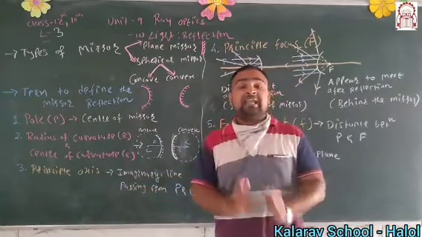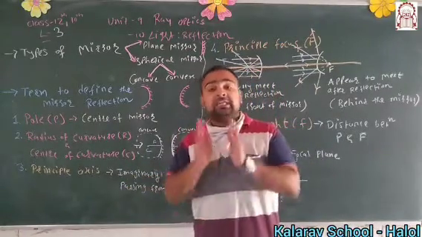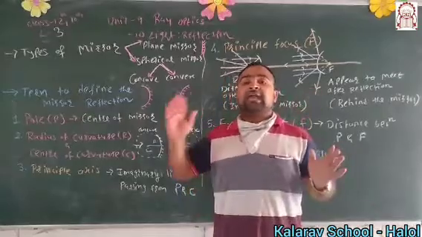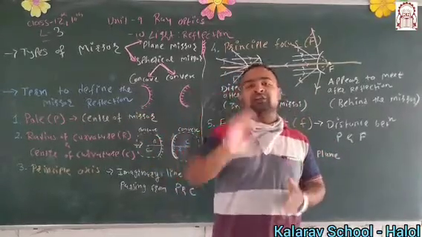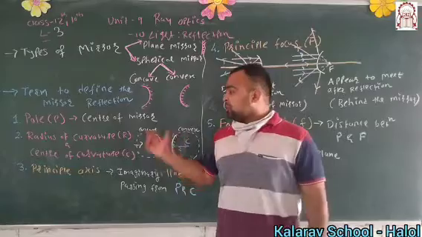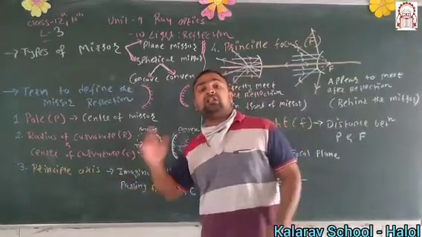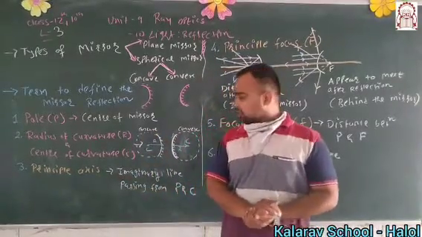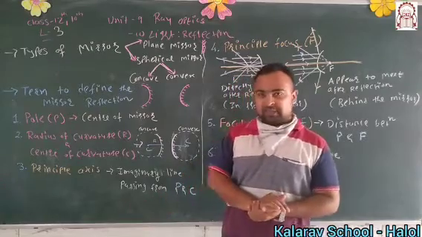So the principal axis is the imaginary line passing through the pole and the center of curvature of the given mirror. Now you understand the principal axis.